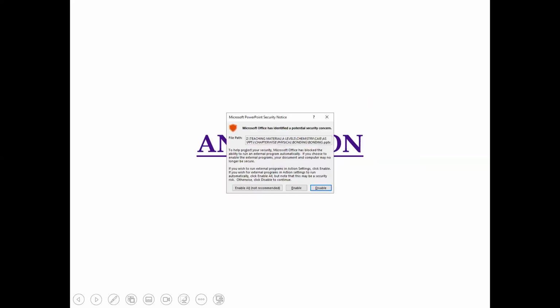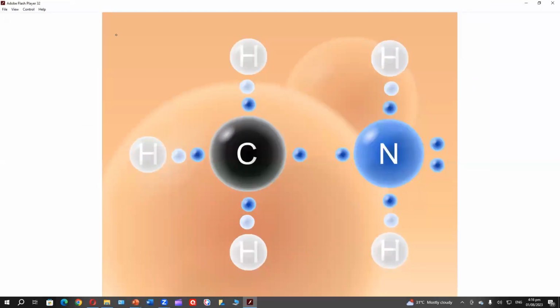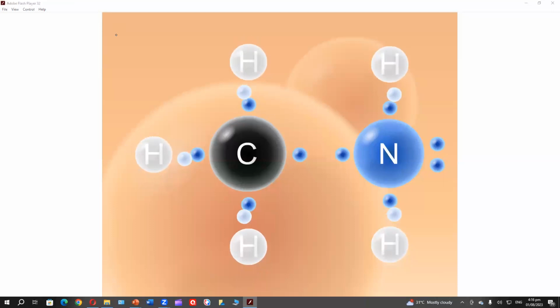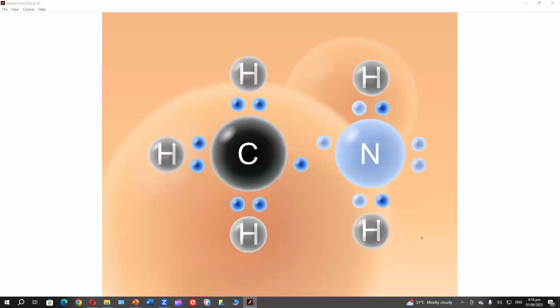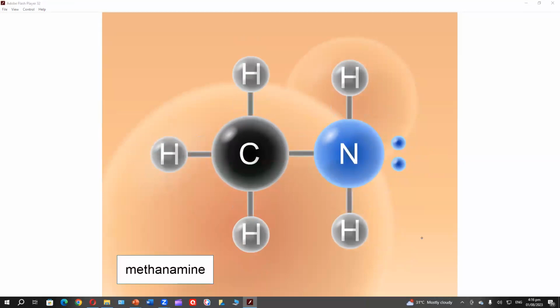So now you should remember that 5 hydrogen atoms combine with 1 carbon atom and 1 nitrogen atom to form a molecule of methanamine. The formation of exclusively single bonds fulfills the octet rule for both of the central atoms, carbon and nitrogen. Notice that there is one lone electron pair left on the nitrogen atom.